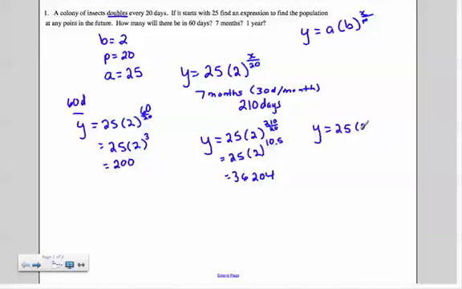1 year, I start with my base function. Everything is the same except this top. 1 year is 365 days, so I have to put 365 in. If I put 1 for the year, it'll think I just mean 1 day. I do 365 divided by 20, 18.25. And then I type it into my calculator.